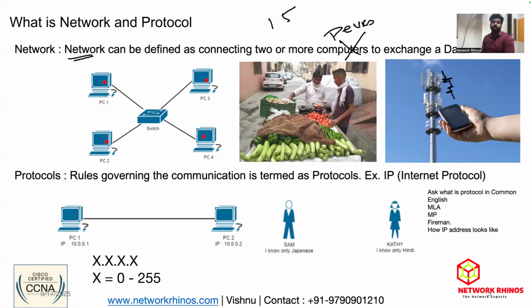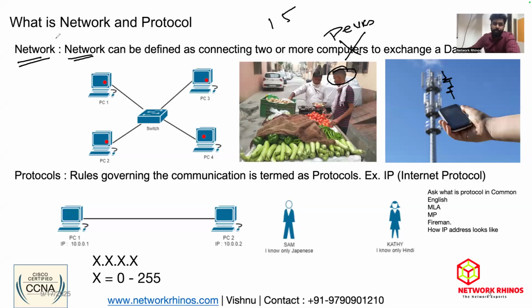Even people selling vegetables on the street use the word network while talking on the call. Network, tower, Wi-Fi. These days it's become so common that it's no more a technical term, I should say.